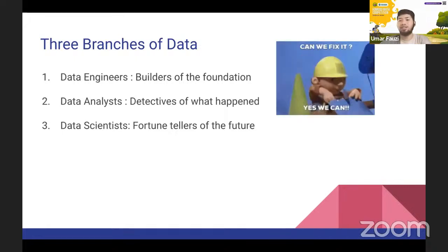You can think of them as builders, right? They build the foundation so the other two branches, like the analysts and the scientists, can work, because a lot of times data is messy. If you go back to the example of your exam scores, maybe your teacher puts it into an Excel sheet, or maybe they put it into Google Sheets.